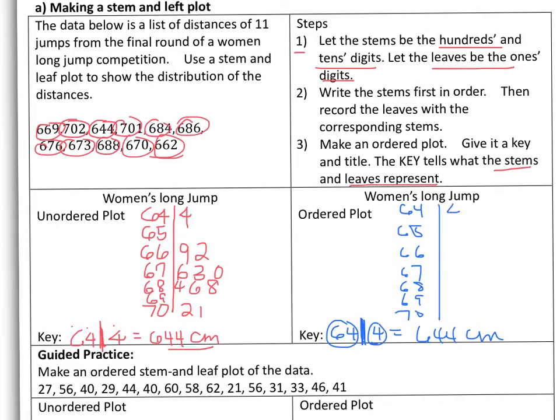Okay, so 644, and 6629, put it in order. 67036, 68468, and 712. And that's how we make a stem and leaf plot.